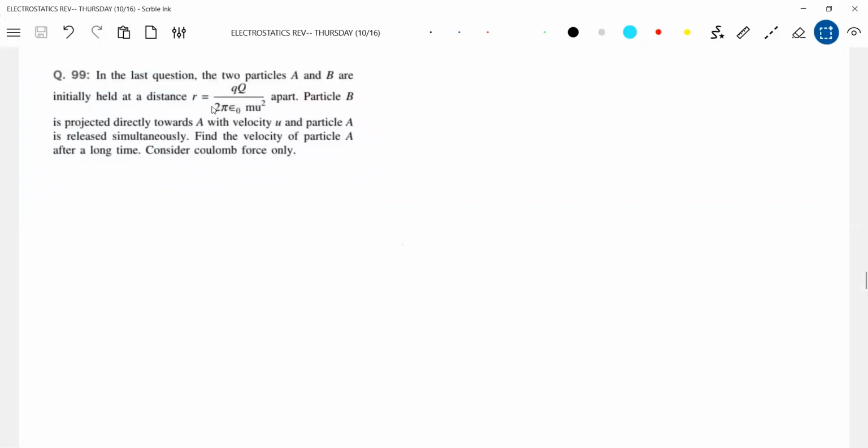Now they're held at a distance. Particle B is projected directly towards A with a speed u. This distance is what is given, R.